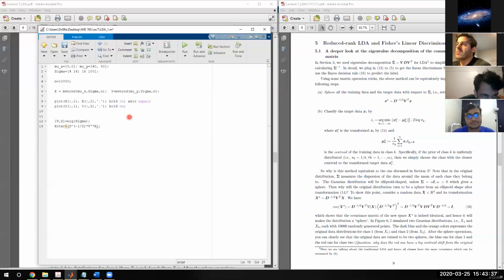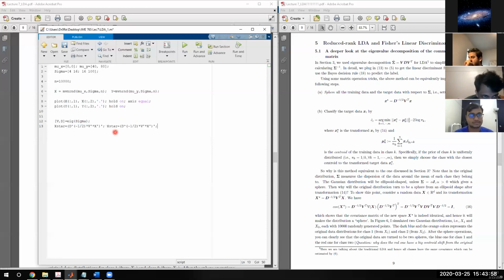But give me one second. I remember I got confused about the dimension here because your x dimension is 10,000 by 2, but here I do need a 2 something. So it's going to be x prime. This one makes this x star, x prime, to be 10,000 by 2 again.